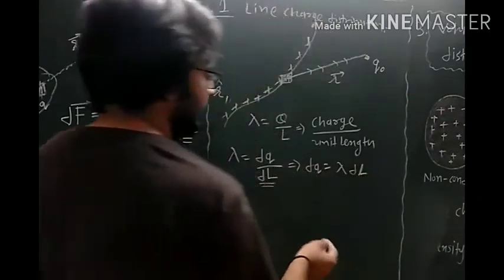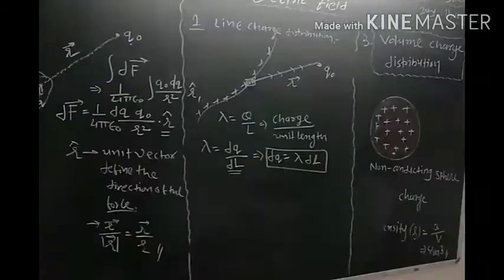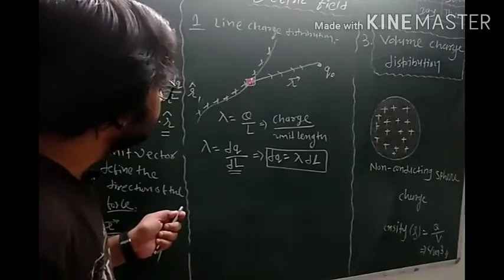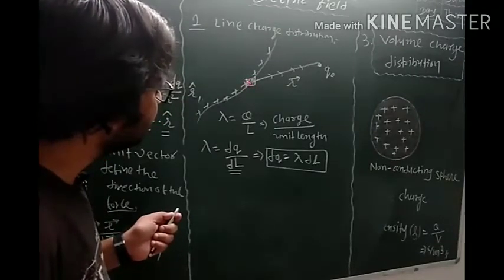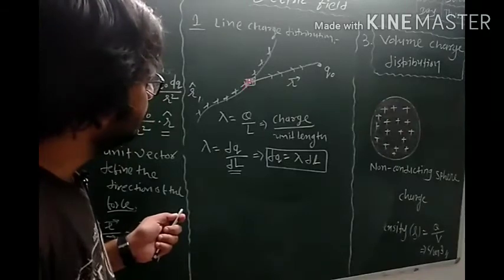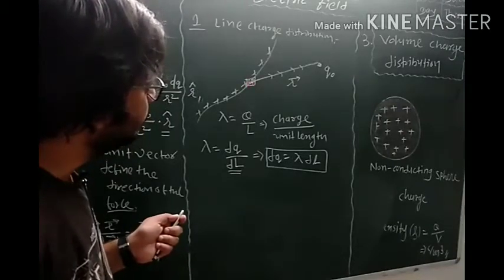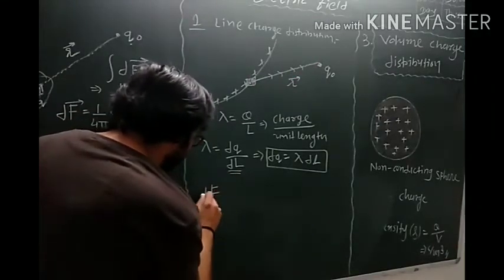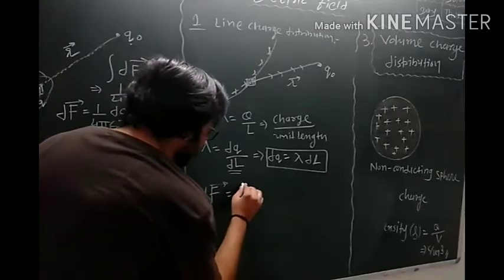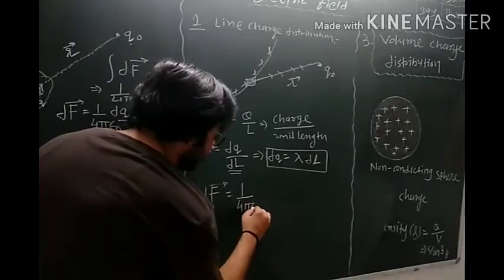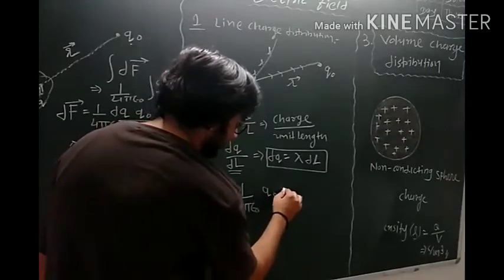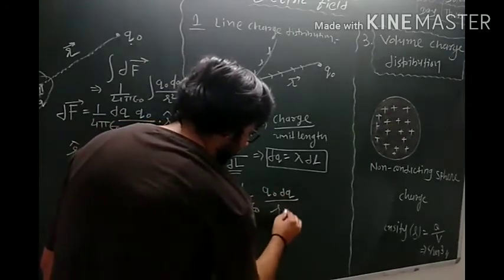Now here we can find the force acting on q naught due to the small region. In this small region the charge is dq. So the force acting on q naught due to dq is given by Coulomb's law. It is nothing but dF is equal to 1/4 pi epsilon naught, then q naught and dq by r square.